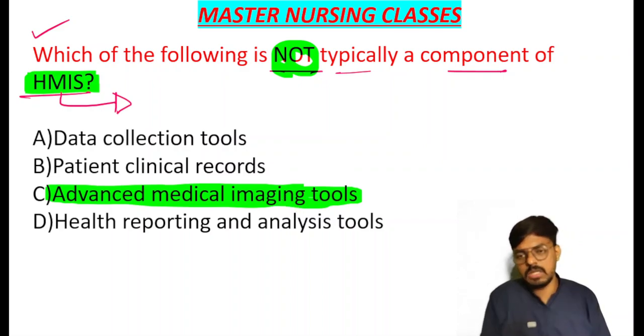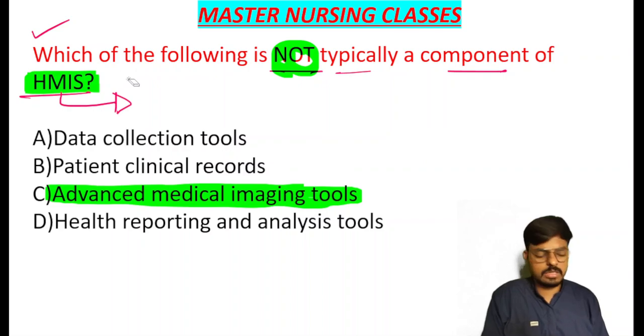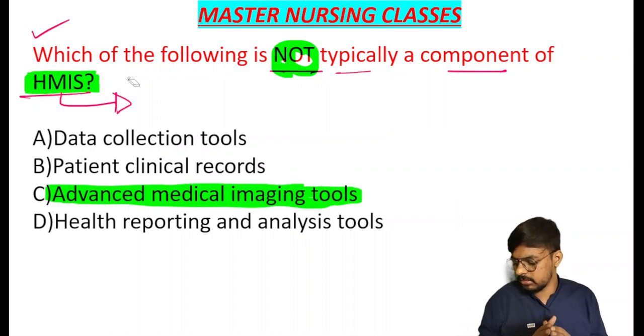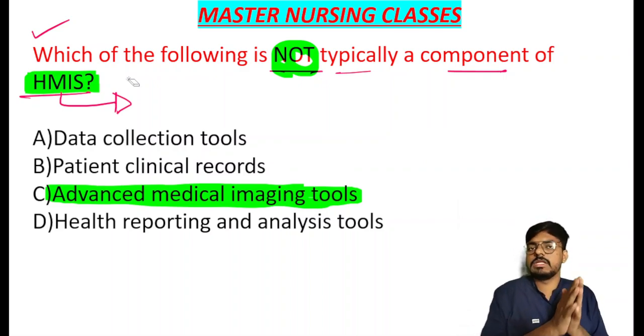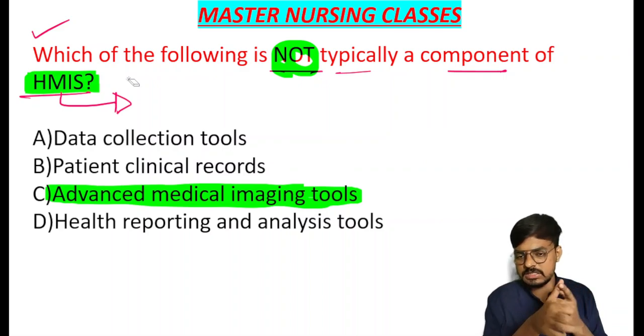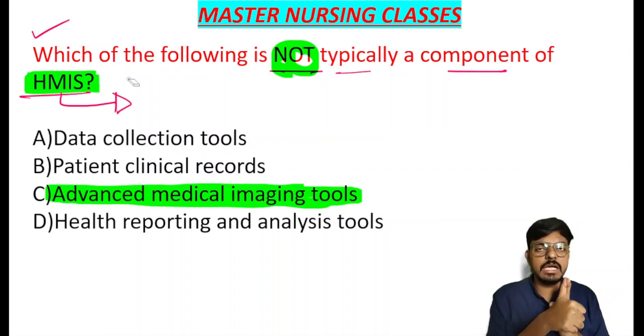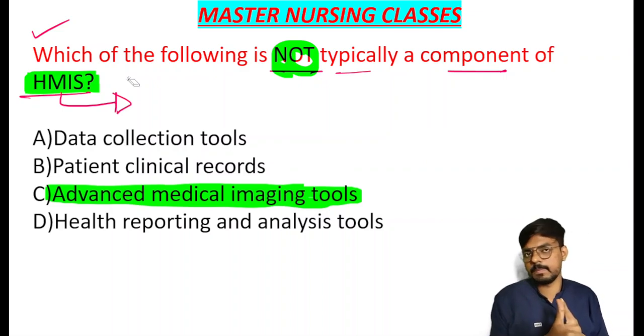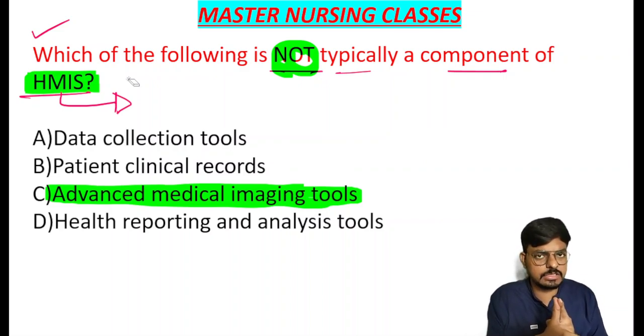Now we come to the HMIS full form. I will give two options, and you have to say what the actual full form of the HMIS is. Option A is hospital management and information system.